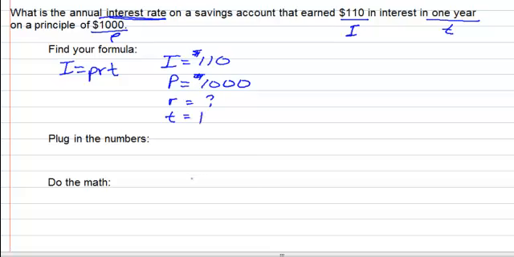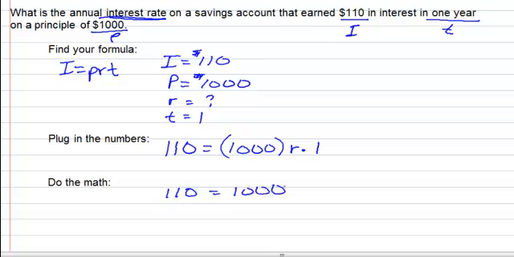So now, again, we're just going to plug in the numbers. Interest is 110 is equal to 1,000 times rate times 1. Well, 1 times 1,000 is 1,000. We want to get the R alone, so we divide by 1,000.